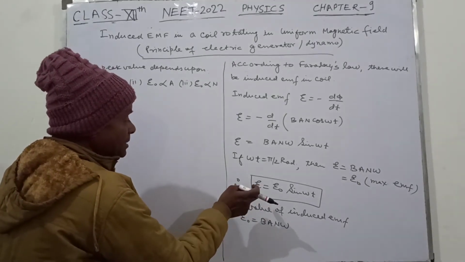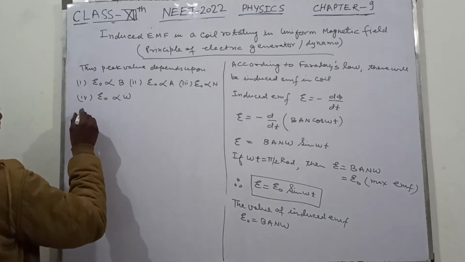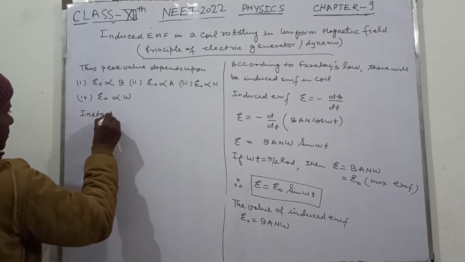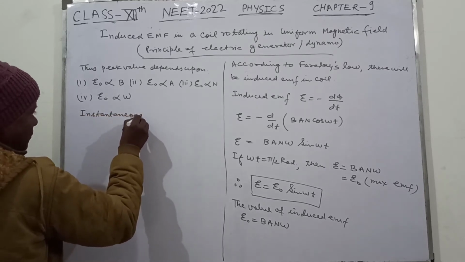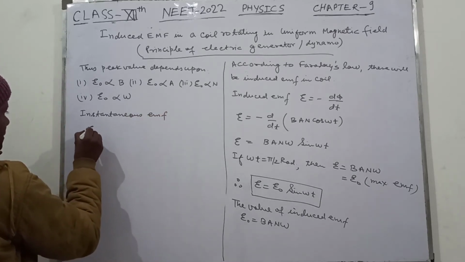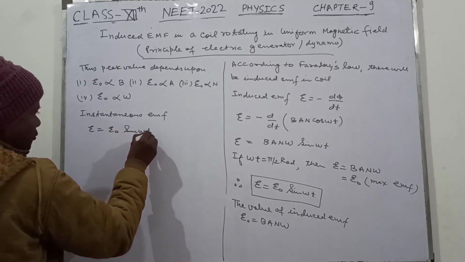And here this E is the instantaneous induced EMF. Instantaneous EMF E is equal to E naught sin omega t.